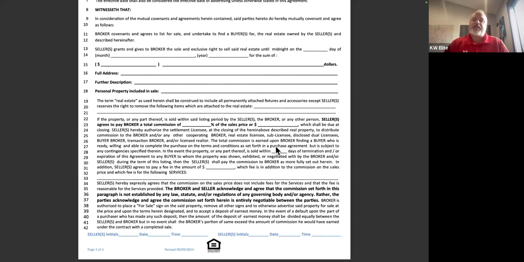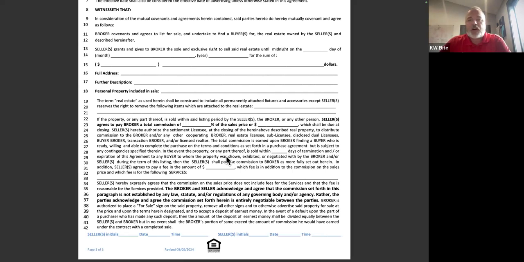But basically if somebody comes and shows the home while I have it listed, and then let's say the listing expires next month, that buyer comes and makes an offer directly to you, I am still entitled to commission if I'm within this 60-day window, because I am the reason they showed it while it was listed with me. They would have never bought the home had you not had it listed with me. I still earn the commission. So this is the time period that protects you after the listing agreement ends, basically.